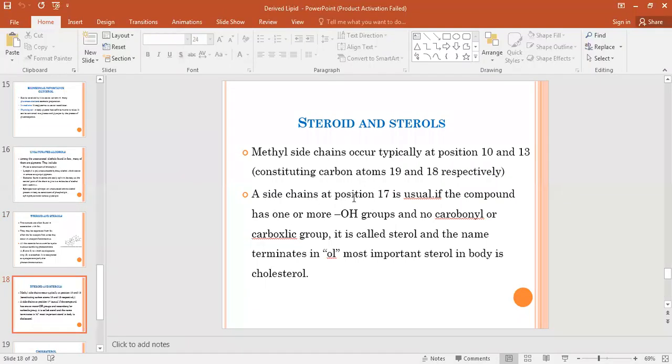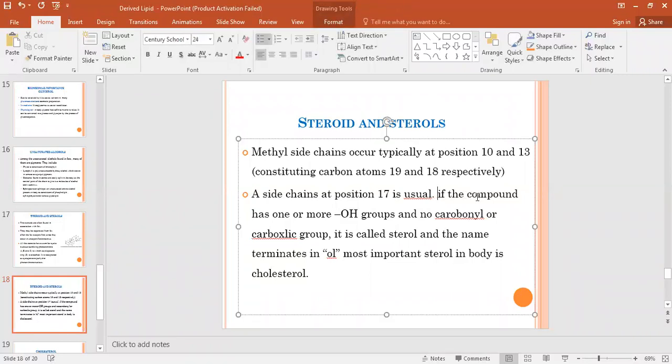A side chain at position 17 is usual. If the compound has one or more hydroxyl groups and no carbonyl or carboxylic group, it is called a sterol, and the name terminates in -ol, while the most important sterol in the body is known as cholesterol.